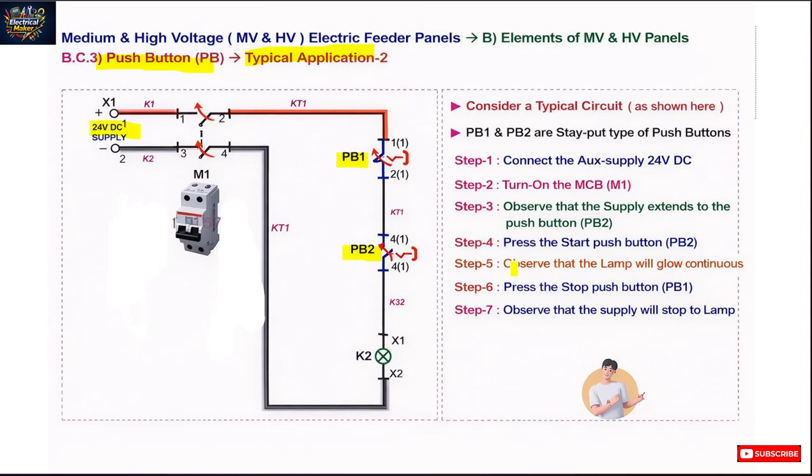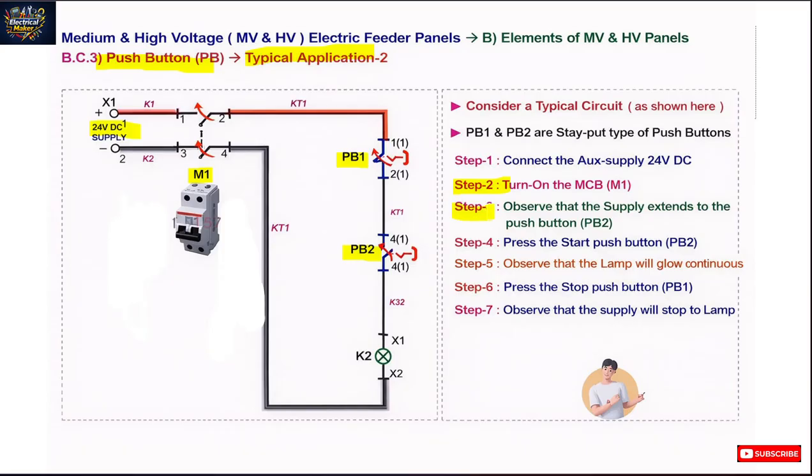Next one is step 2. Step 2 says to turn on the MCB M1. After connecting the supply, turn on the MCB; turn on MCB means you should switch on the MCB.